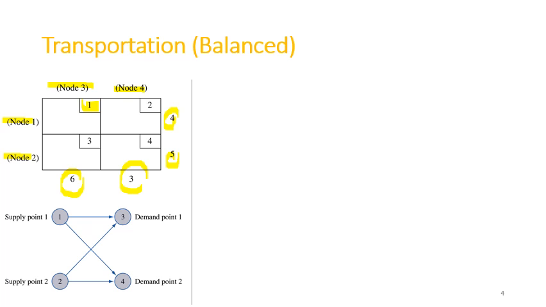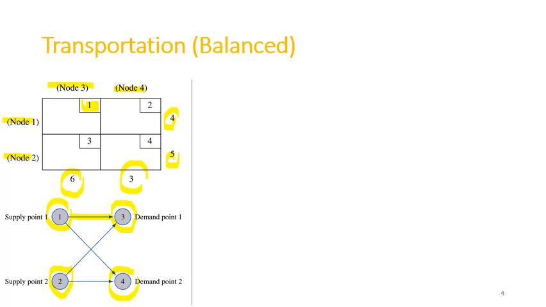Now, we can also represent that table as a network. Each node is either a supply point or a demand point. We have two supply points and two demand points. The arc shows the possibility of transporting some units of flow from one supply point to one demand point.